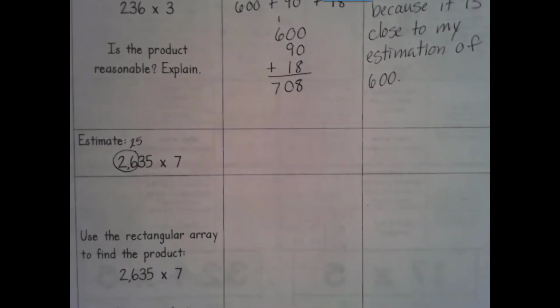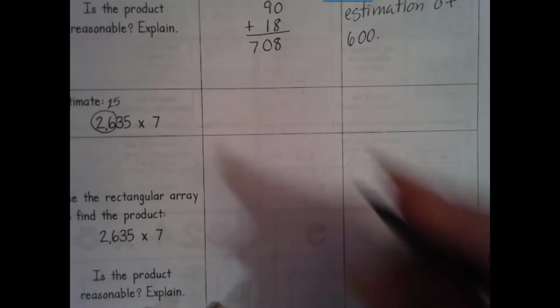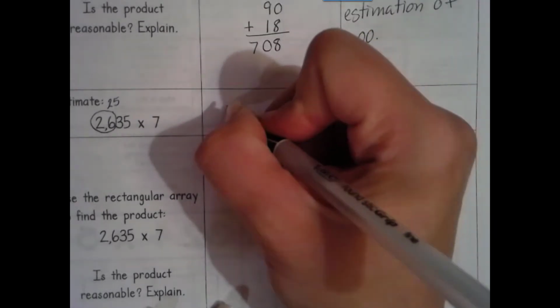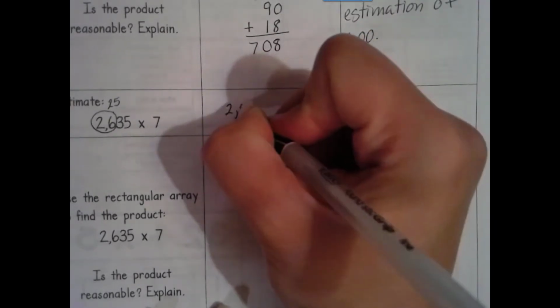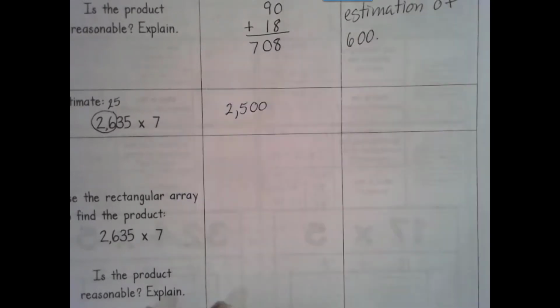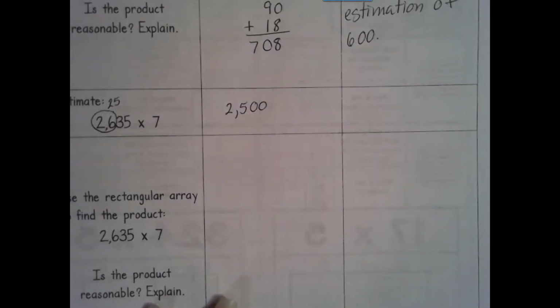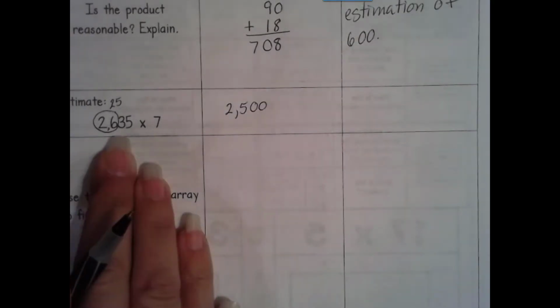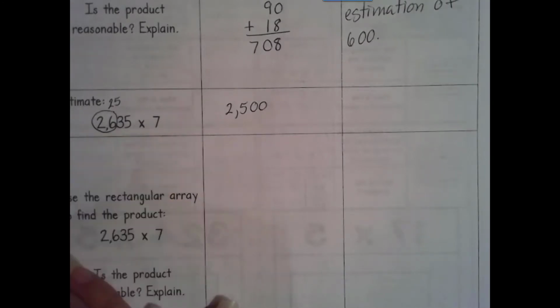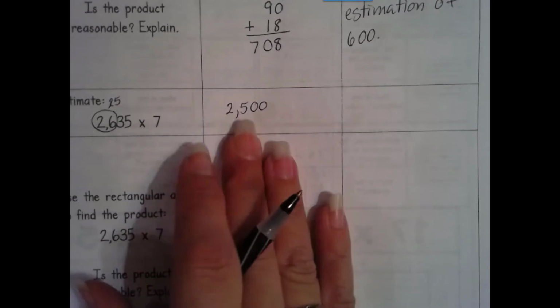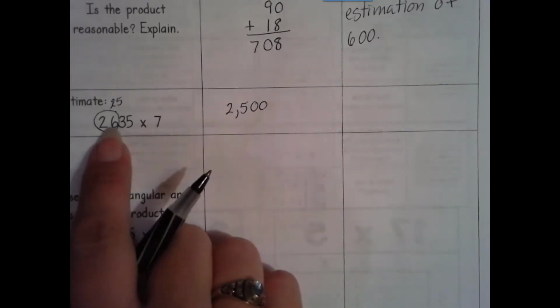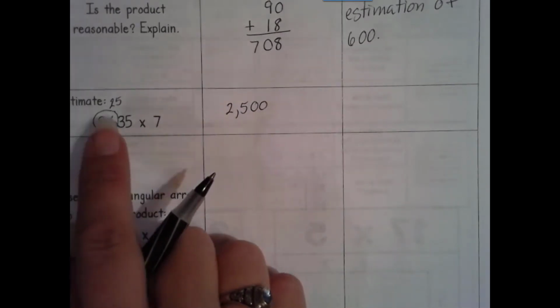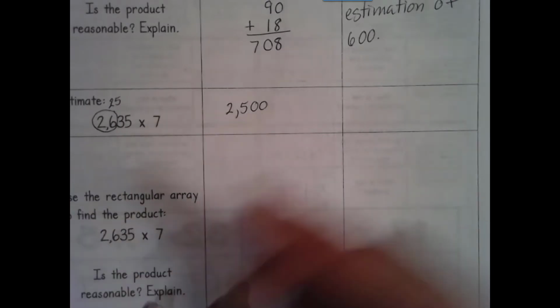That's not a round number that can be easily used. So I'm going to change that 26 to 25 and then just put placeholders with the rest of the numbers, because 2,635 is pretty close to 2,500. And this would be closer to the actual answer than rounding to 3,000.